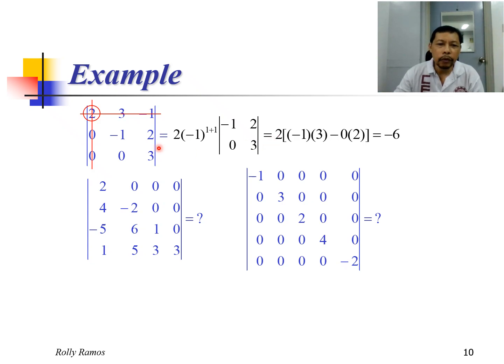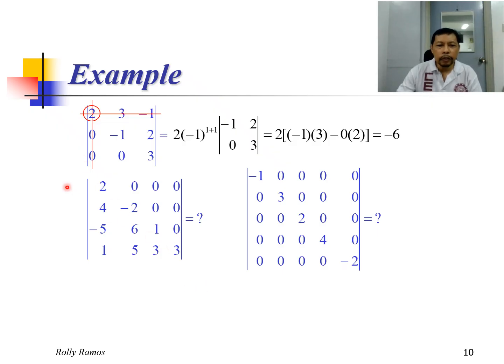Okay, so if we have a triangular matrix, whether it be an upper triangular or lower triangular, to find the determinant, just multiply the elements along the main diagonal. Okay, so for this matrix, we have a lower triangular matrix. So instead of using cofactor expansion, we could simply multiply these elements.